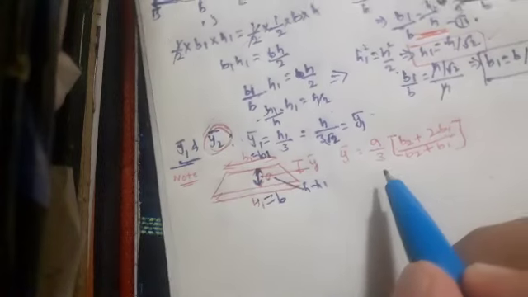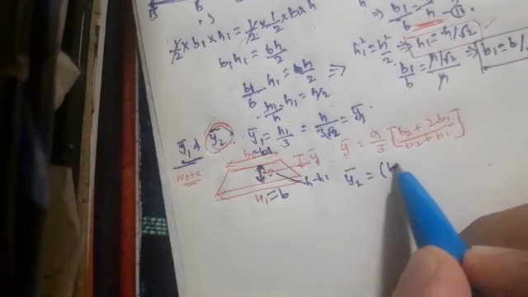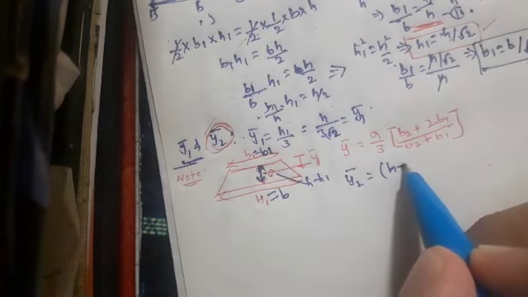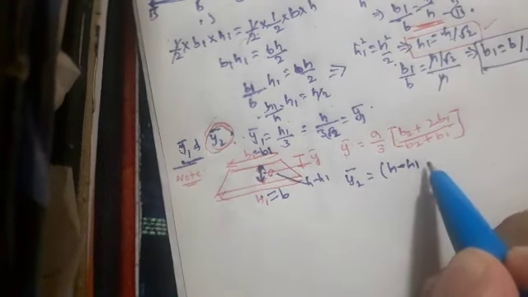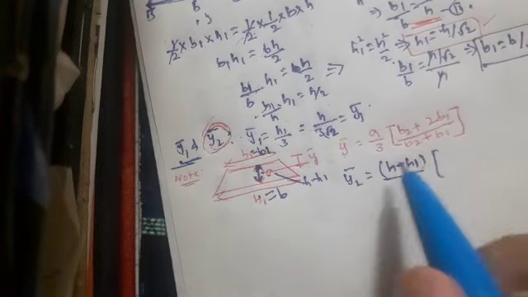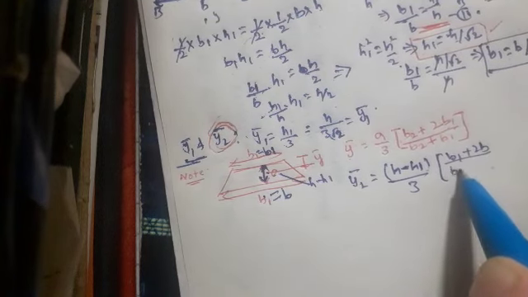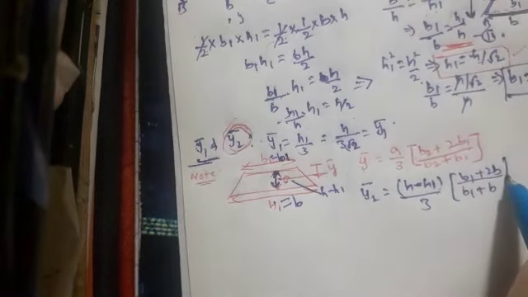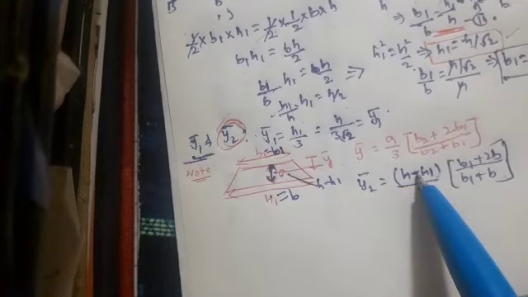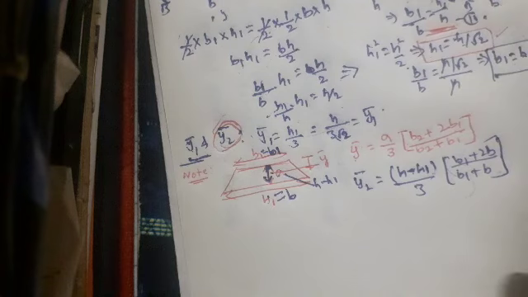So we get y2 bar is equal to H minus h1 by 3 into b1 plus 2b divided by b1 plus b. On simplification, you can substitute b1 as b by root 2.